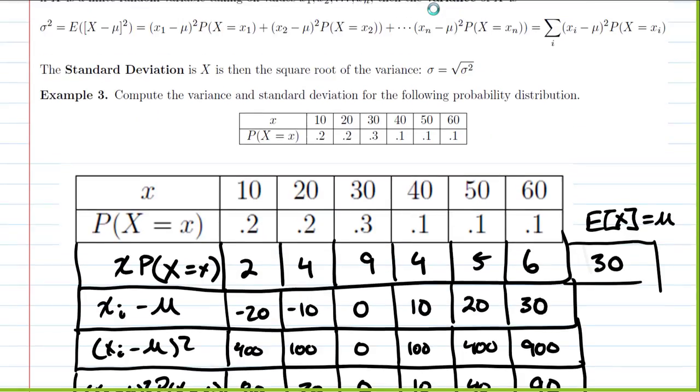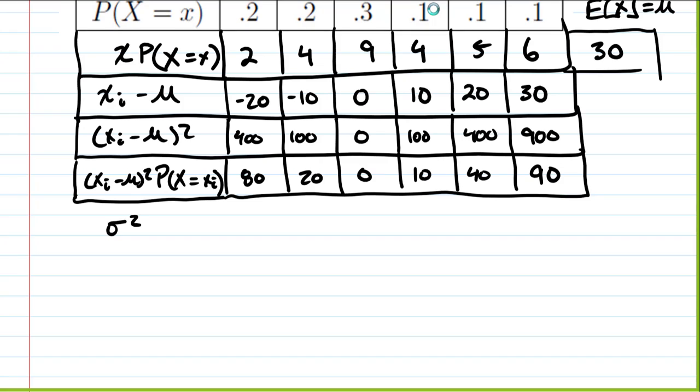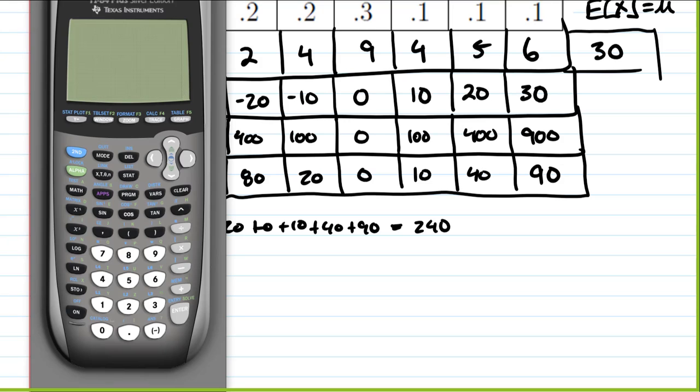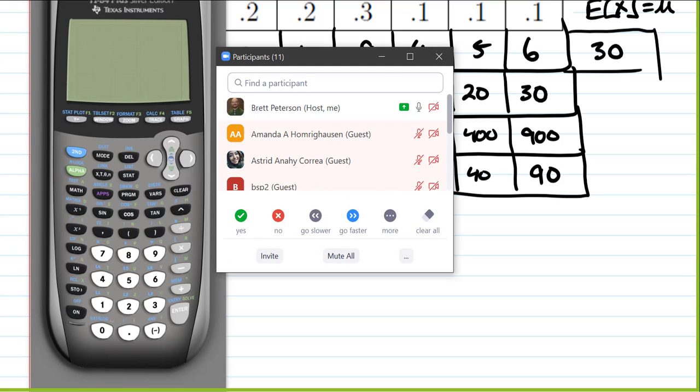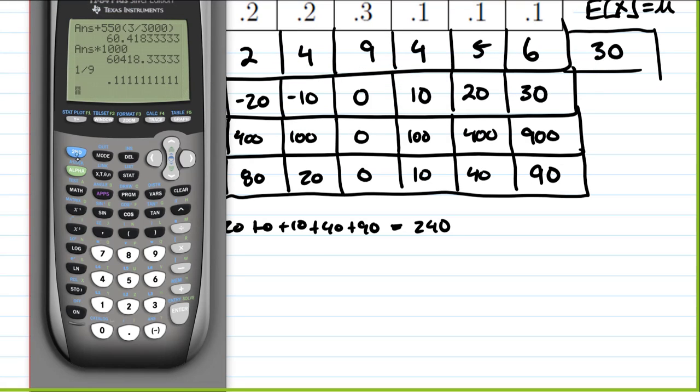So then sigma squared is the sum of all of these: 80 plus 20 plus 0 plus 10 plus 40 plus 90, which is 240. So then sigma is the square root of 240, which gives us this value.